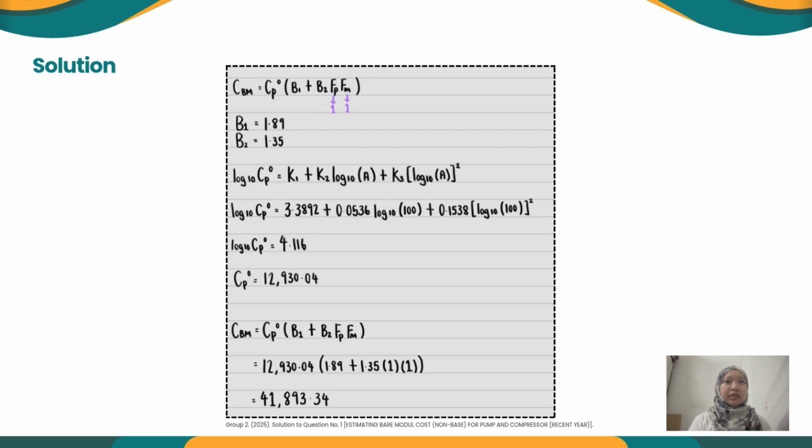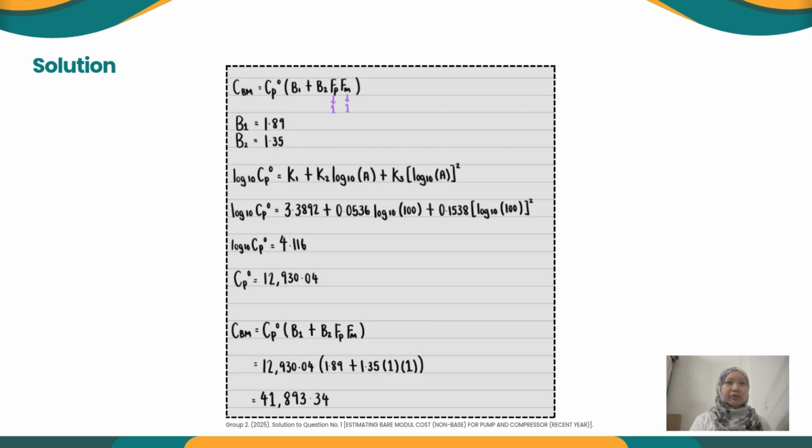In this question, the values of FP and FM have already been given, which are equal to 1. The values of constants B1 and B2 can be found in table A4, on page 29 in the handbook. From this table, the B1 value is 1.89 and B2 is 1.35.